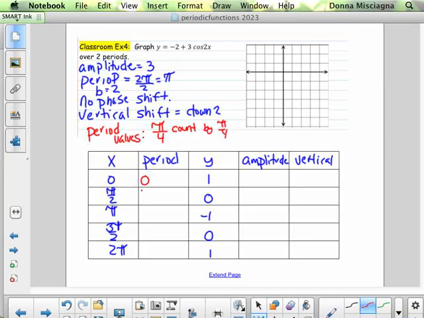So 0, 1 pi fourths, 2 pi fourths, 3 pi fourths, 4 pi fourths, and the 2 pi fourths is pi halves. The 4 pi fourths is just pi. So notice pi, that's the length of the period, and all those important points occur 1/4 the way. This pi fourths doesn't look very nice.